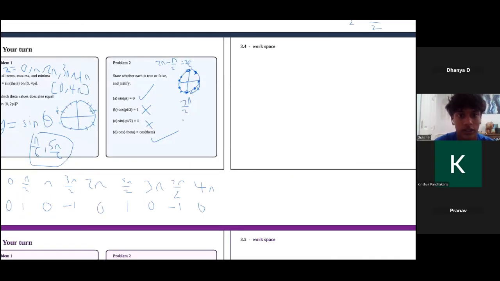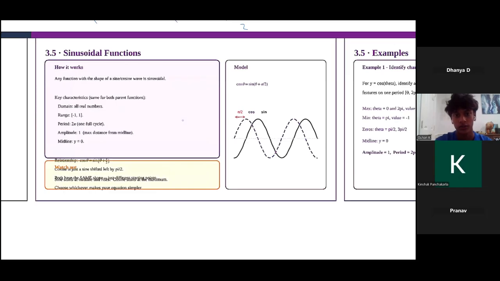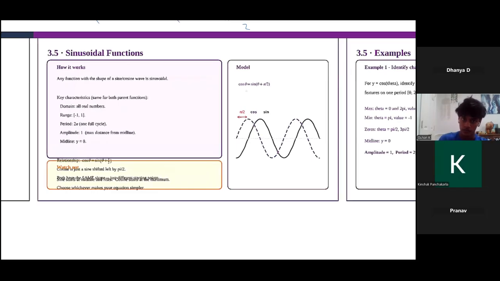Now, let's look at the functions. Remember what I said earlier? Cosine of theta equals sine of theta shifted left by pi over 2. So any function with the shape of a sine or cosine wave is going to be sinusoidal.